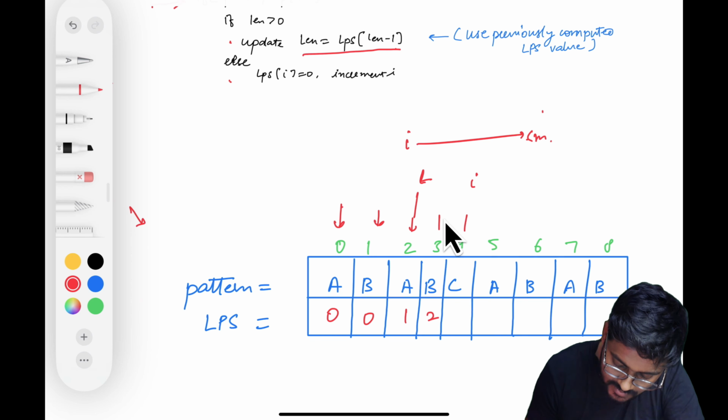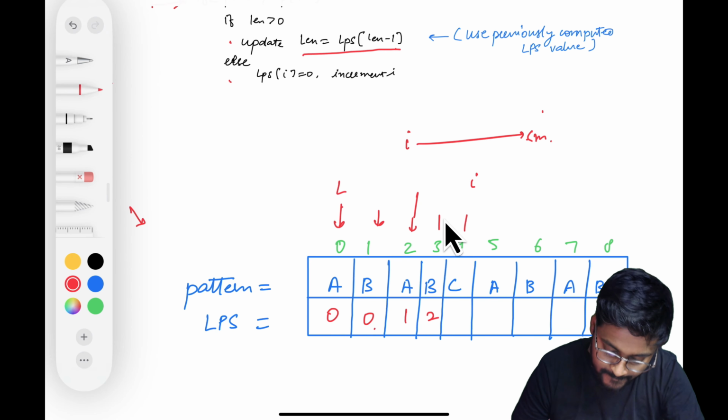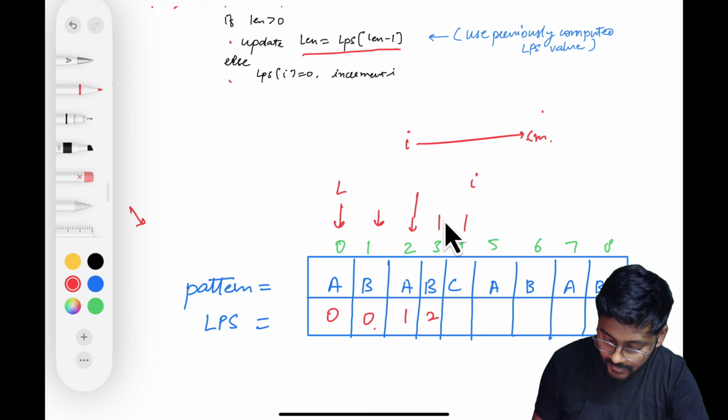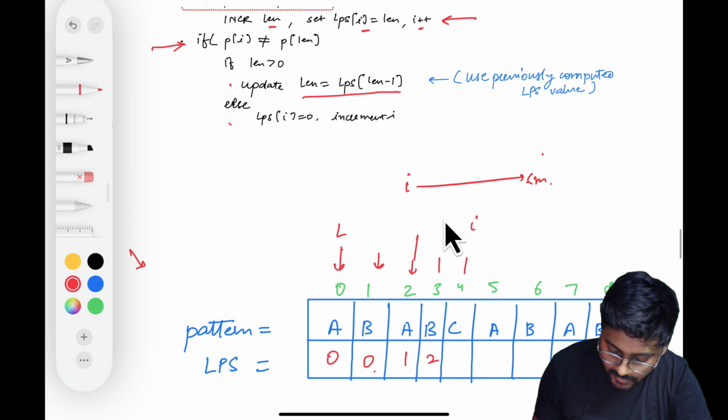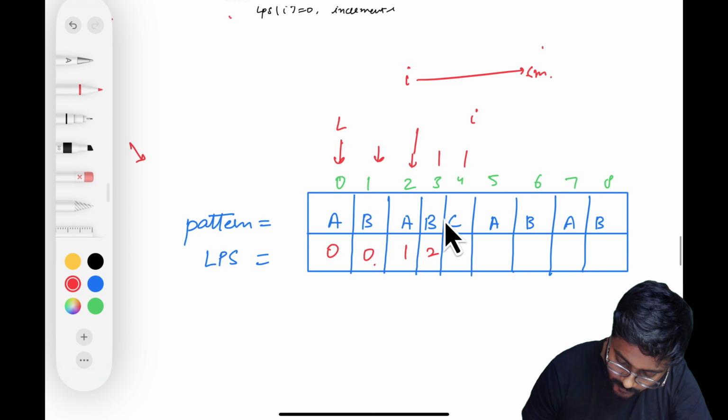LPS of length minus 1 is 0, so this will be updated to 0. So the length is coming to 0. And now I have to see what is going to be the value of LPS of I. Length is 0, it means LPS of I will be 0, and increment I.